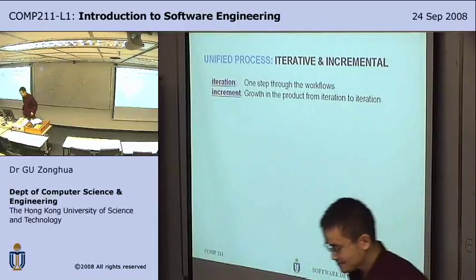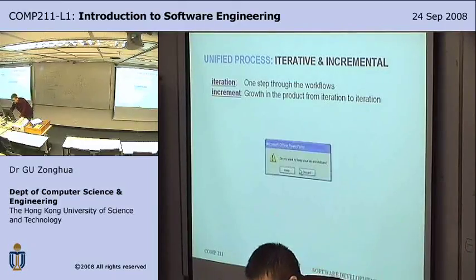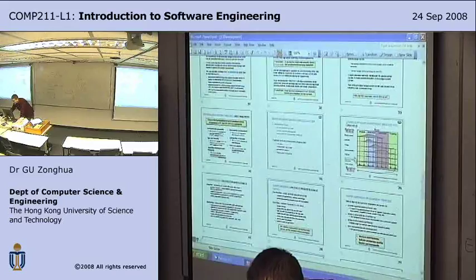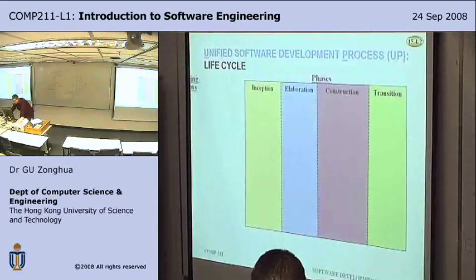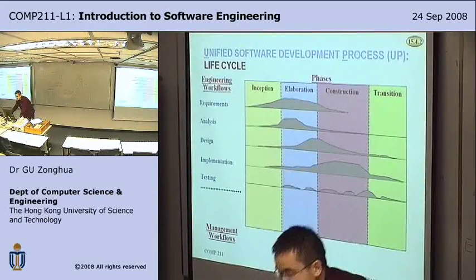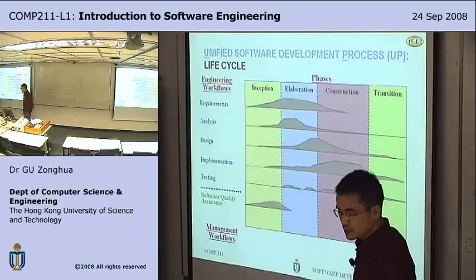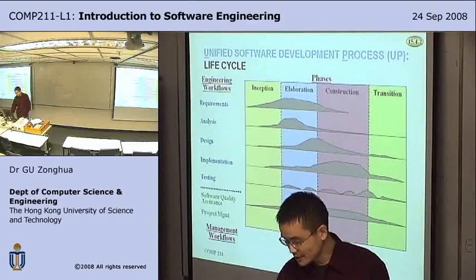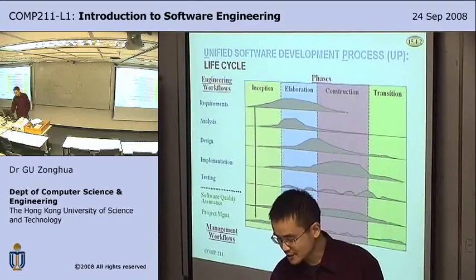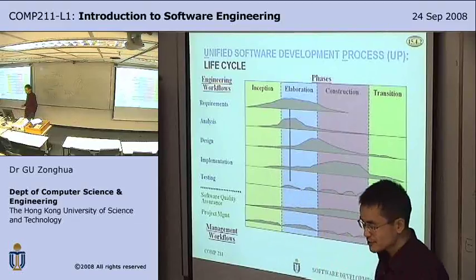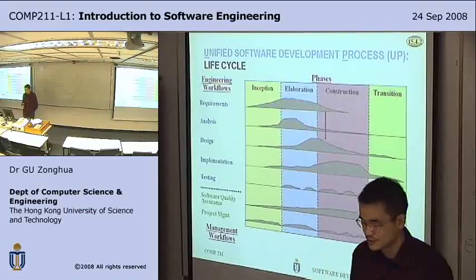That is, if you recall the unified process, each vertical line from requirements down to software QA is one iteration. And as you grow from iteration to iteration, from left to right, that's increment.